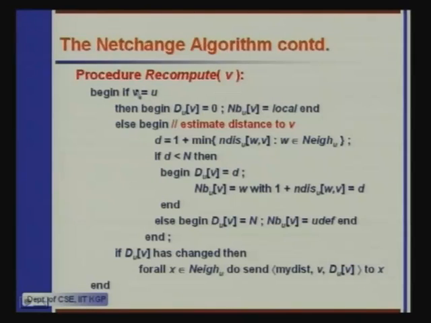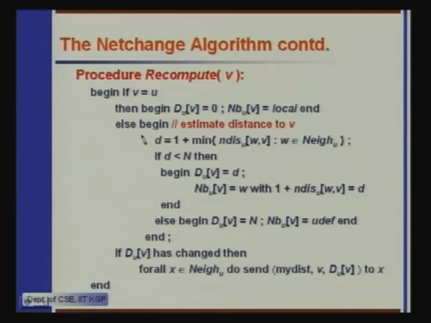Okay. Now, if V is equal to u, then what are we going to do? We know that this is local. So, we will set d u v equal to 0 and nb u v equal to local and end. And that is the trivial case. If I am u and I am doing recompute u, that means my distance to me is 0, right. So, that is what this will do.